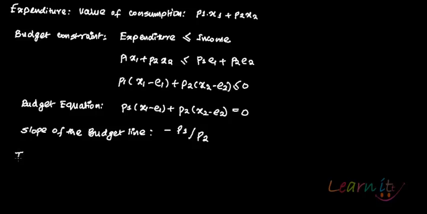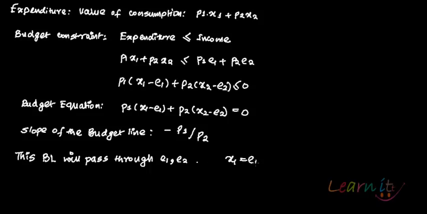Because if you put x1 equal to E1 and x2 equal to E2, this equation is satisfied, which is P1 into (x1 minus E1) plus P2 into (x2 minus E2) equals 0.